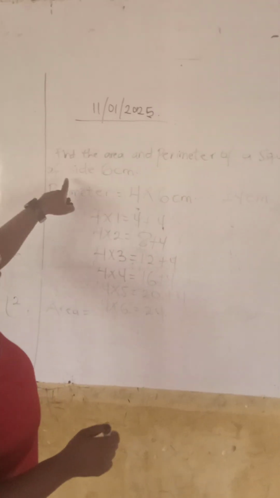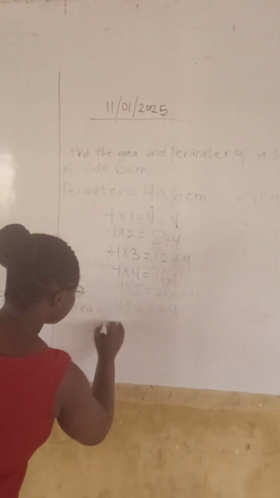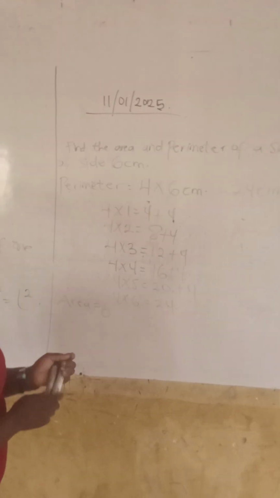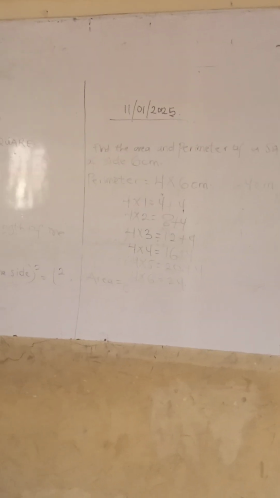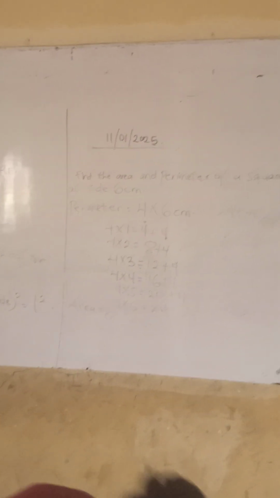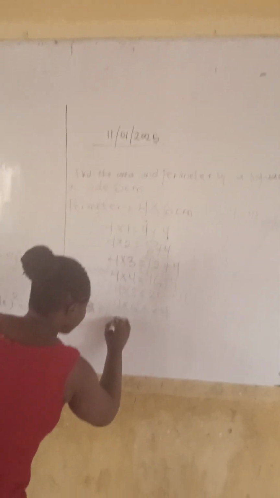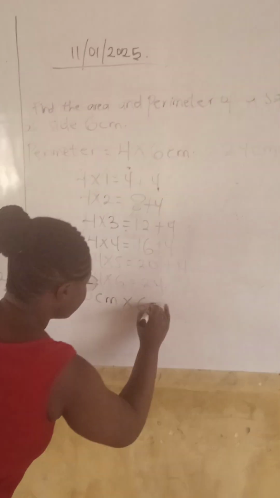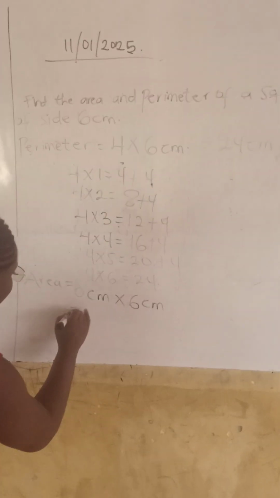It says the side is 6 centimeters. So 6 centimeters times 6 centimeters, we are using repeated addition.